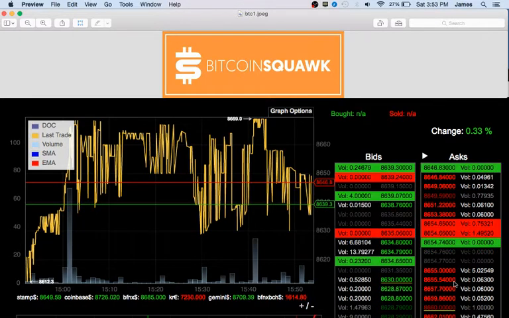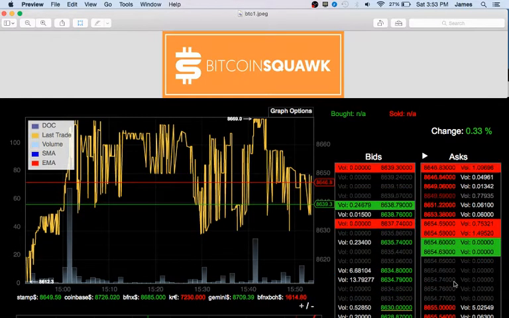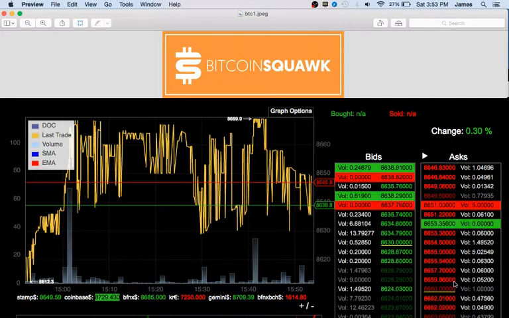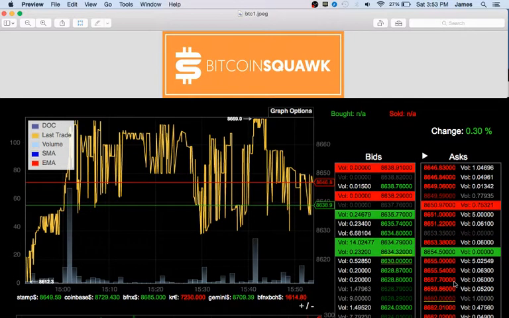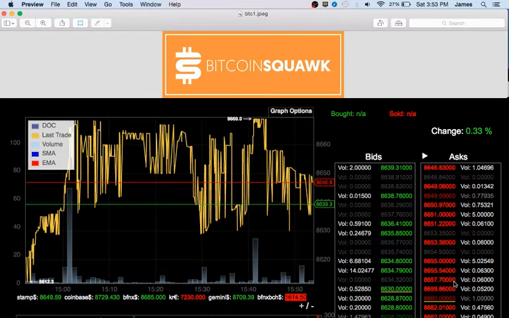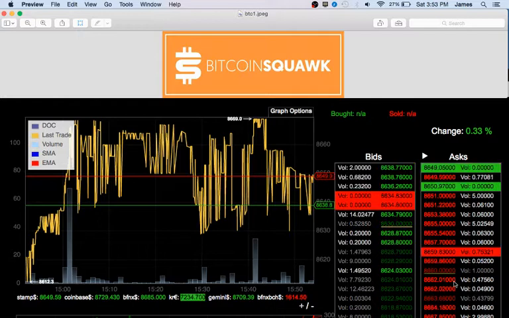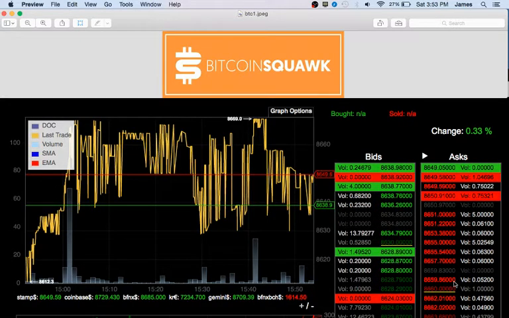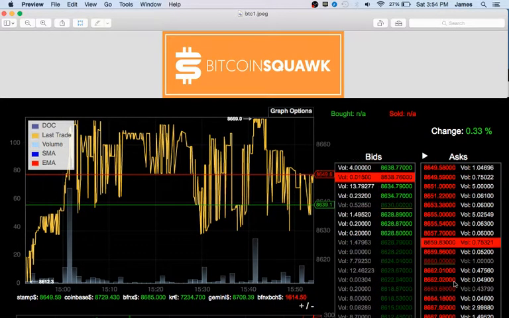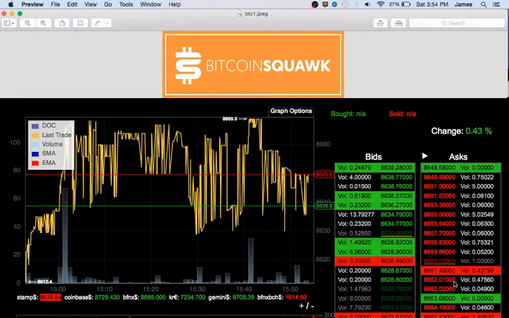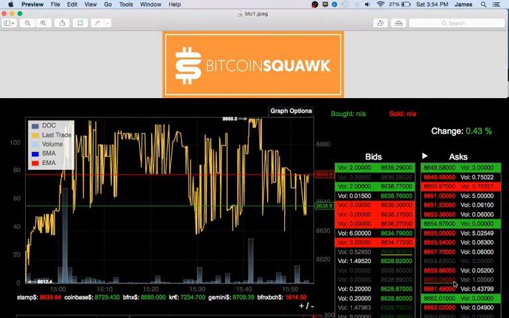Trade now 86.39 bid offered to 46. You're chopping it up here. $39 bid offered at 46. 38 bid offered 49. 39 bid offered at 49.